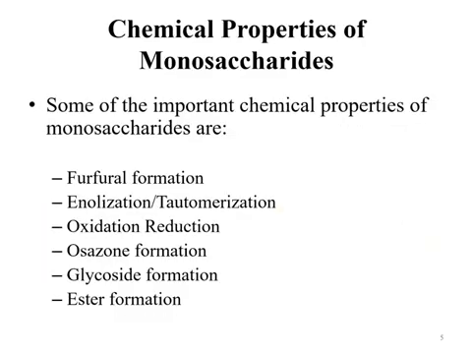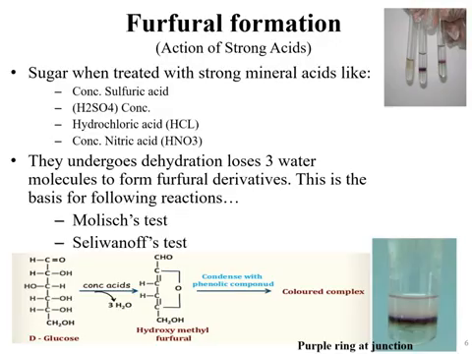Now here are some chemical properties of the monosaccharides. Some of the important chemical properties of monosaccharides are furfural formation, enolization or tautomerization, oxidation, reduction, osazone formation, glycoside formation and ester formation. The first one is furfural formation.